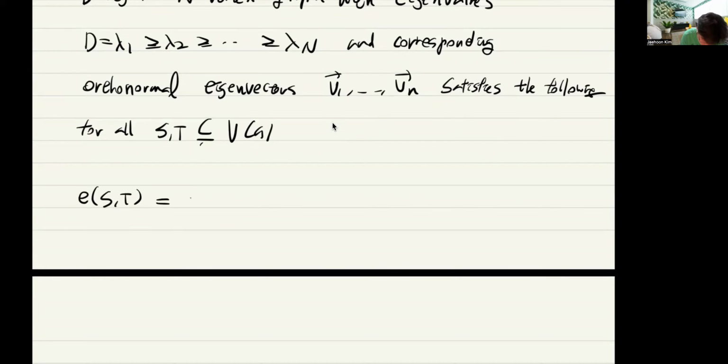What do we know? The number of edges between F and T. In this expression, if F and T are not disjoint, then an edge lying within both of them I count twice. So it counts pairs (f, t) which are adjacent, so both (f, t) and (t, f) are counted.